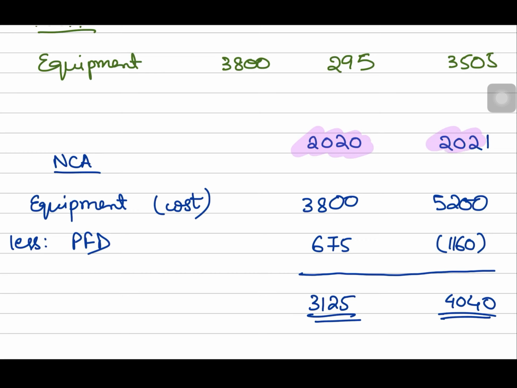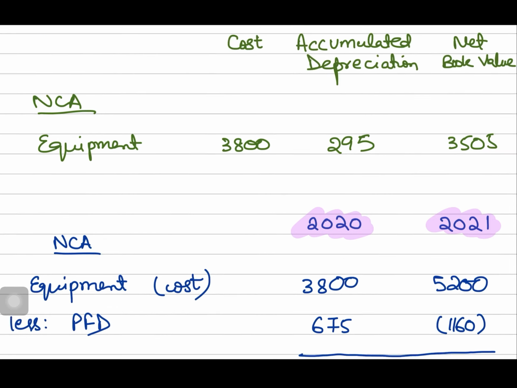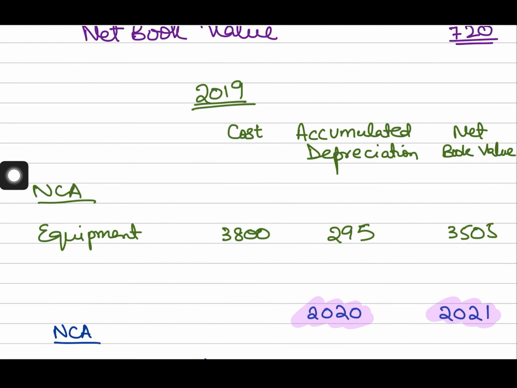So if you have multiple years, you can follow this format as well. For instance, 2018 column, 2019, 2020 and 2021, you just have to write this information, that is the cost and the provision for depreciation, one time and not again and again for each of the years, right? Or you can also follow the earlier format, it's up to you.